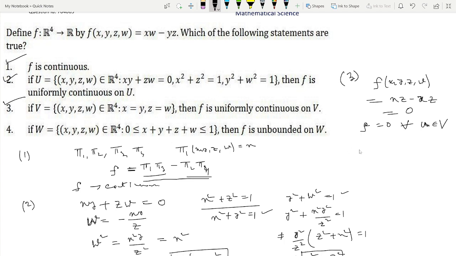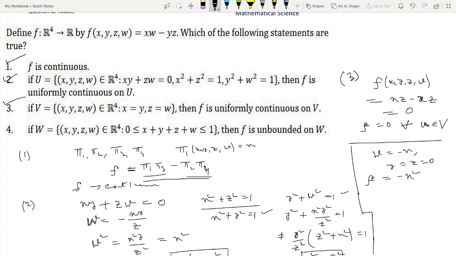And for option 4, this can also be proved easily. Simply we can take w equal to minus x and y equal to z equal to 0. Then f becomes x into w, which is minus x square, minus 0, so f equals minus x square.